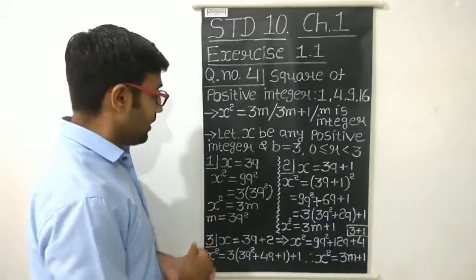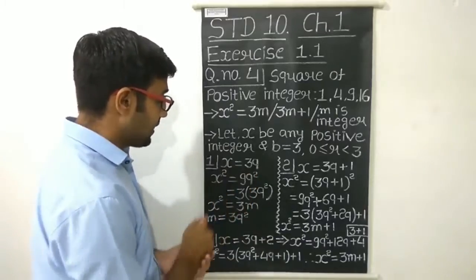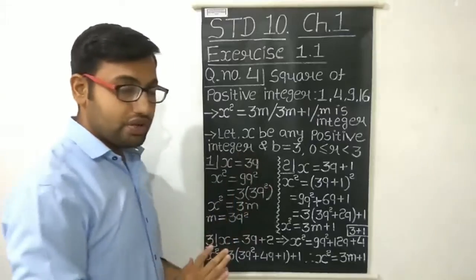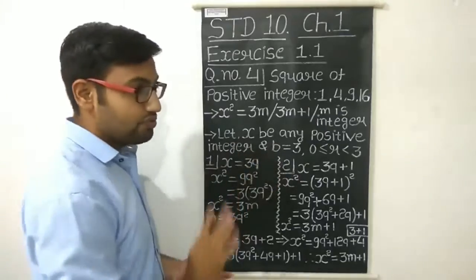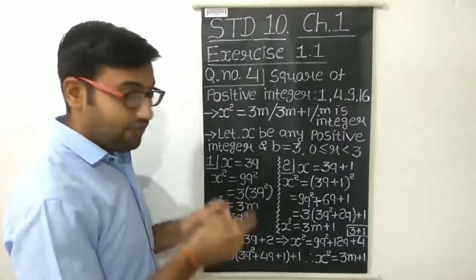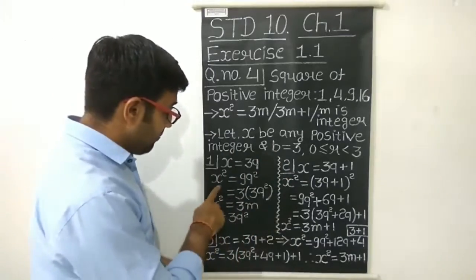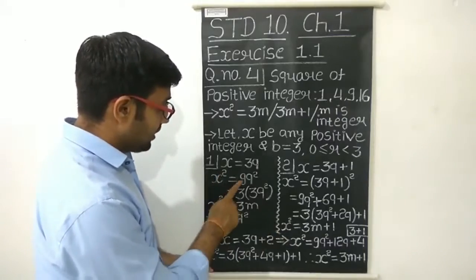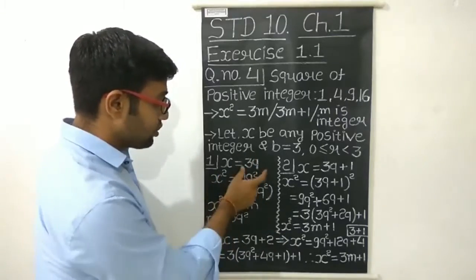If we apply the square for the first possibility, that is x equals 3q plus 0. It is actually 3q plus 0, but because of adding 0, we do not write it here. So what will happen if we square both sides? Here we will get x square, and here we will get (3q) square.